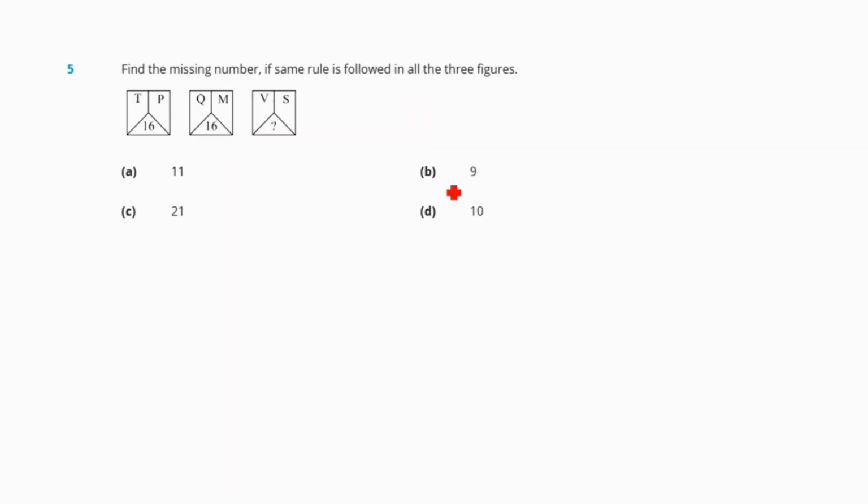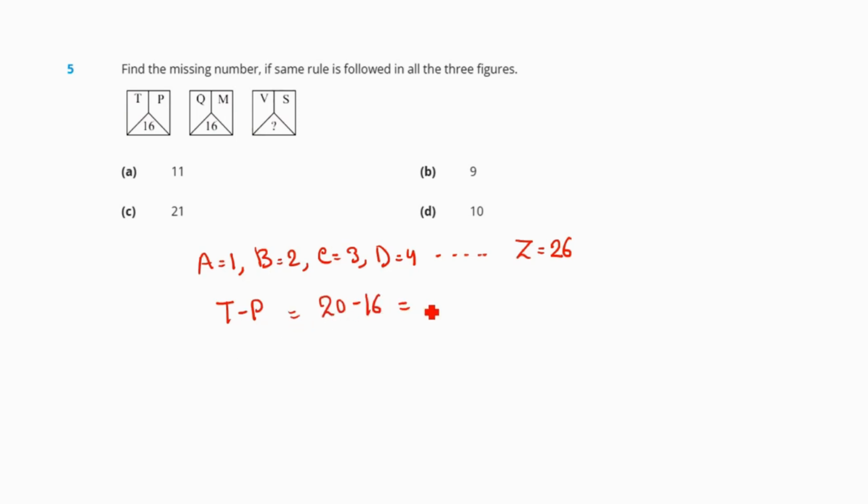Question number 5. Find the missing number if the same rule is followed in the 3 figures. So we have TP 16. If we assume A to be 1, B to be 2, C to be 3, D to be 4, Z to be 26, because there are 26 English alphabets. So for TP, T minus P: we know T is in the 20th position and P is in the 16th position. So 20 minus 16 is 4 and 4 square is 16, correct?